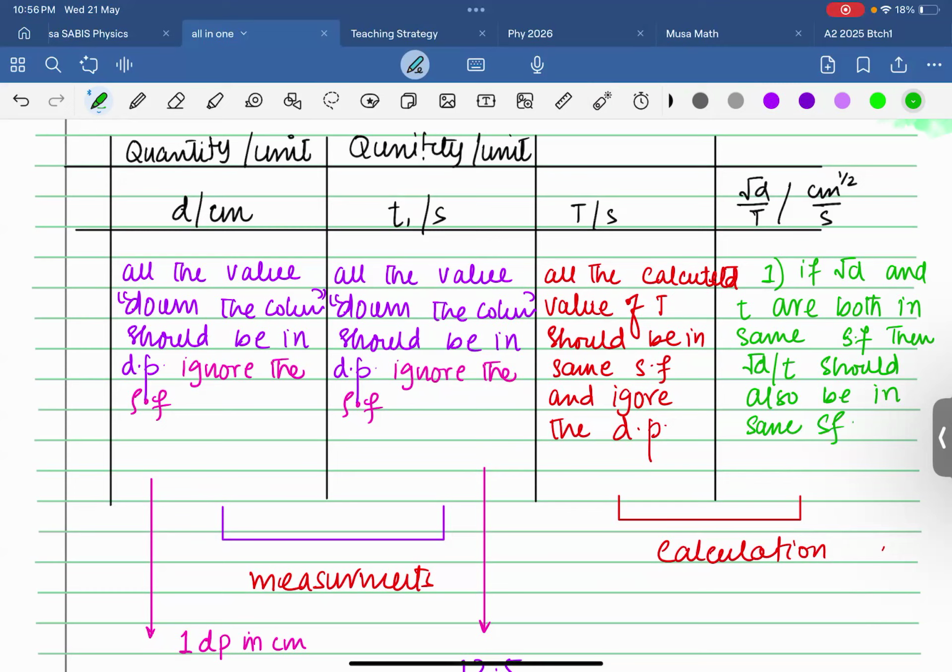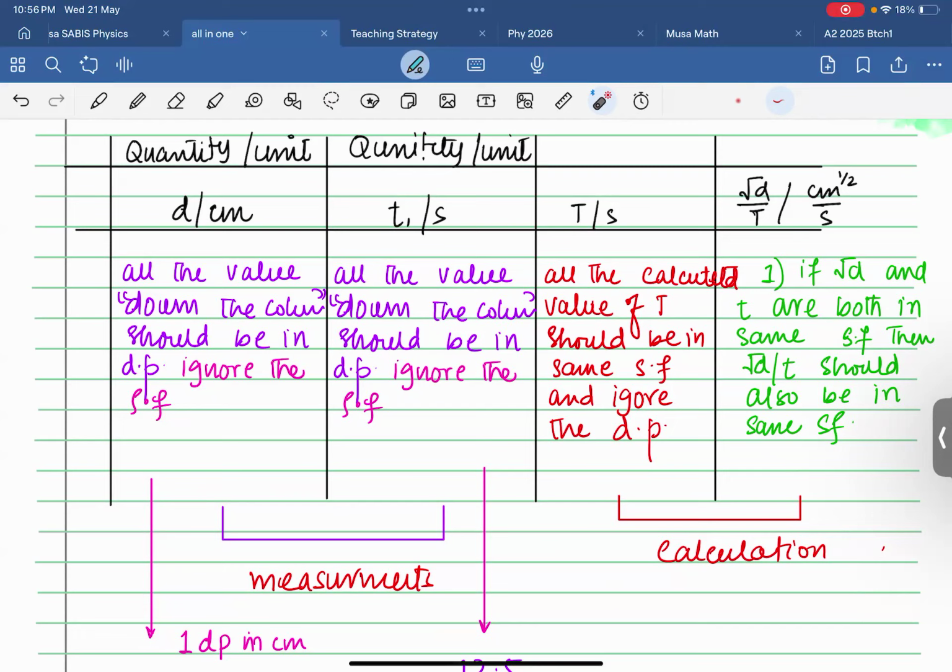Which means, if you're getting the distance value in 2 SF and the time value in 2 SF, then your root d over t will also be in 2 SF, right? If you're getting both values in 3 SF, then your root d over t will also be in 3 SF, right?